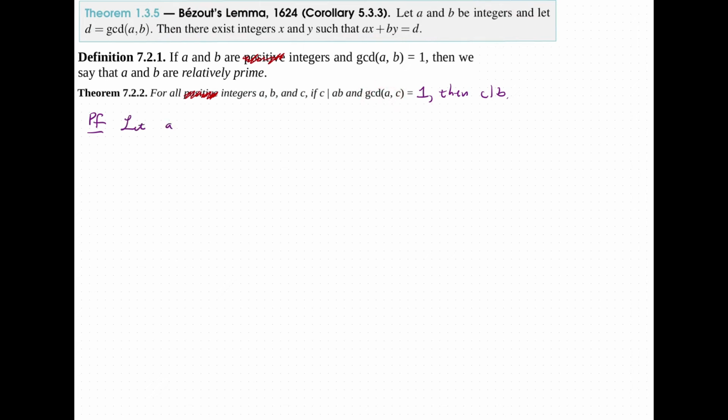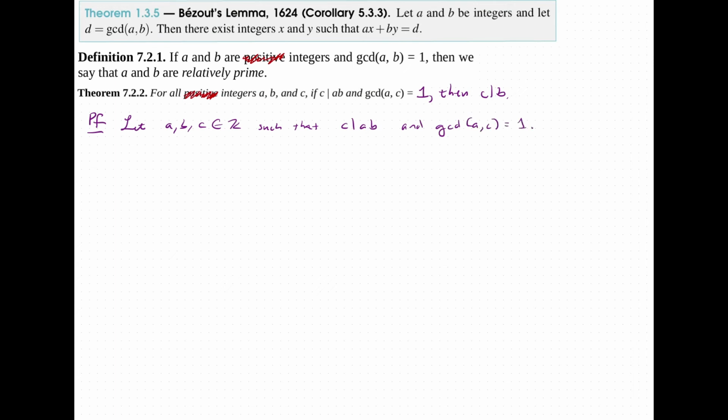So here we have integers a, b, and c, such that c divides a times b, and the GCD of a and c is equal to 1.